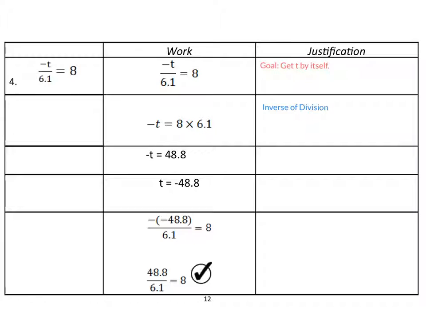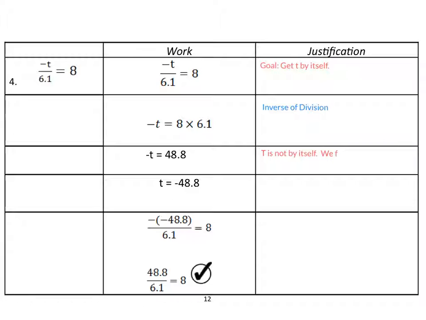The problem is the variable, or t, is not by itself. That's an issue, because we just said, very first thing we wrote for our reasoning was the goal is to get it by itself. In order to do that, t is not by itself.